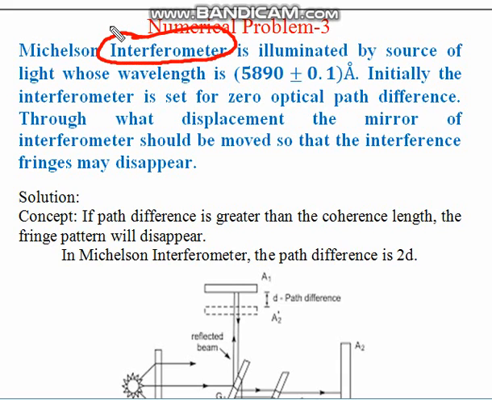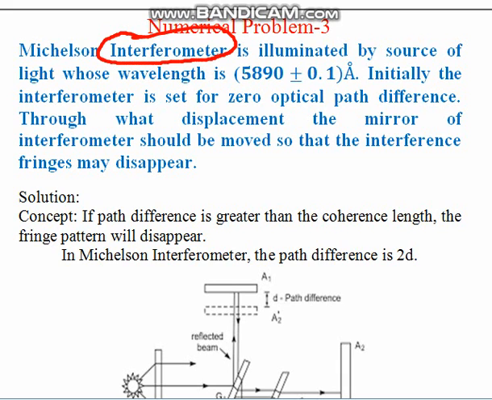The interferometer is still a very important instrument in today's laboratories, and it is widely used in the measurement of wavelength, distances, and many other engineering applications. So I take this numerical to introduce this device.